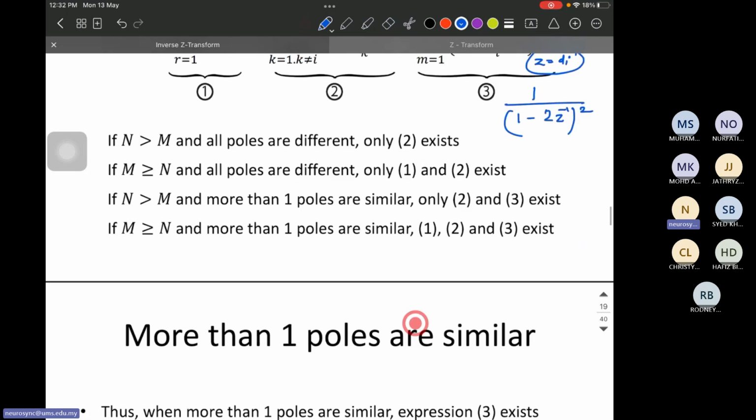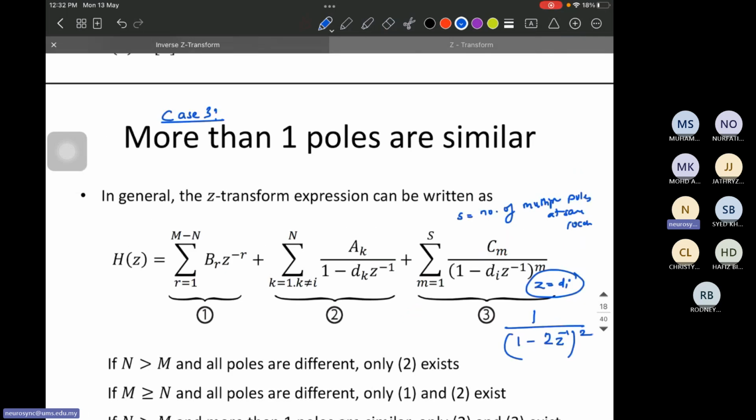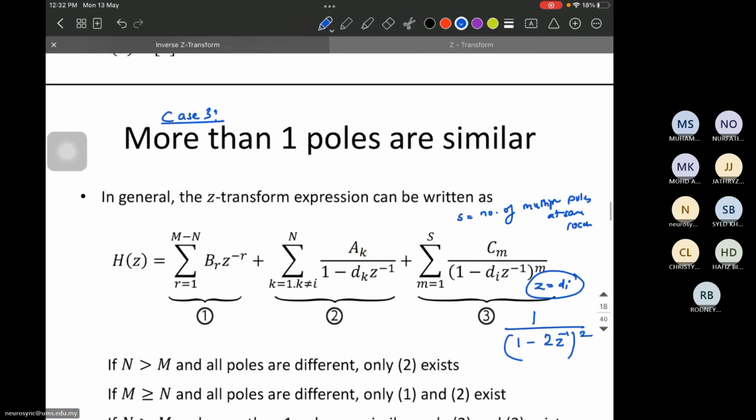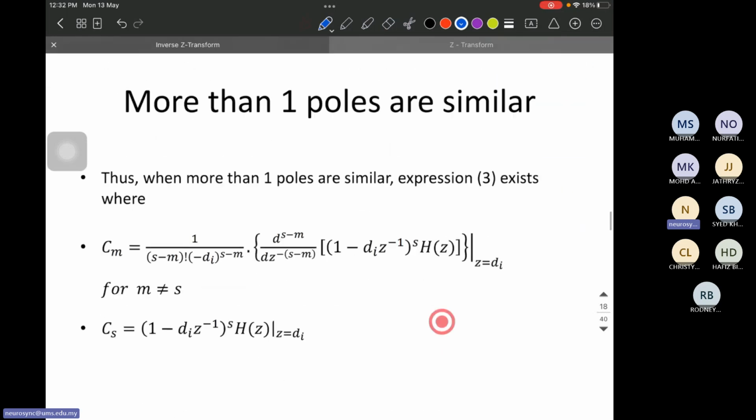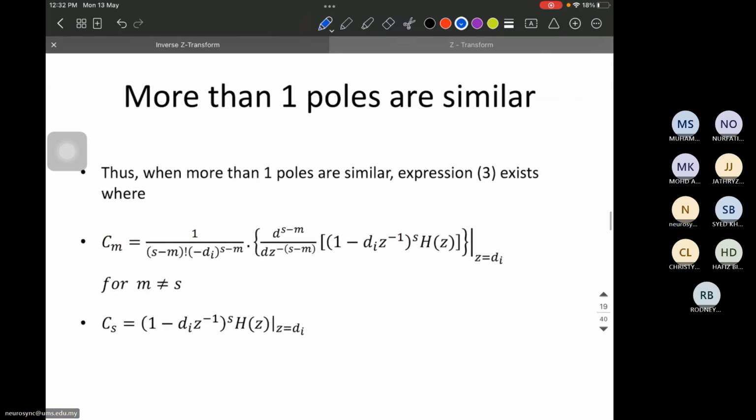Okay. So we need to find Cm, like we have calculated Ak. How to find Cm? There is a long formula to find Cm, and you need to memorize it.